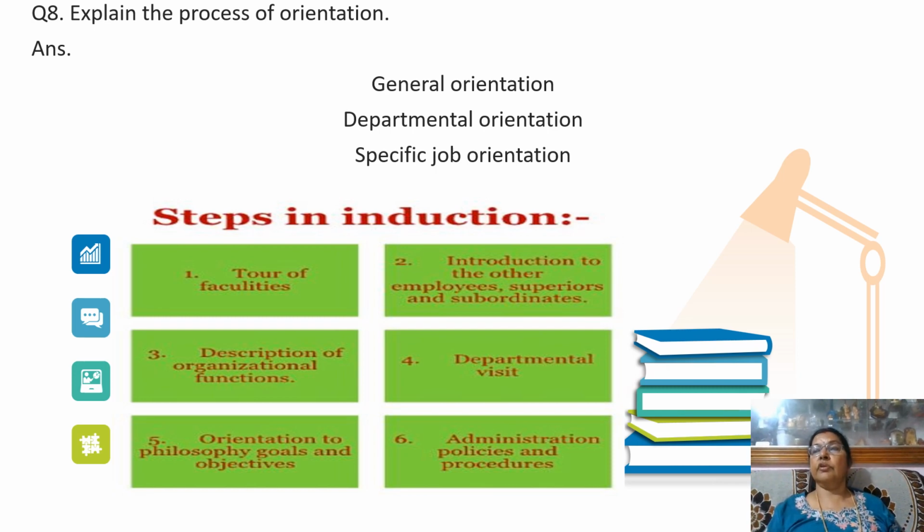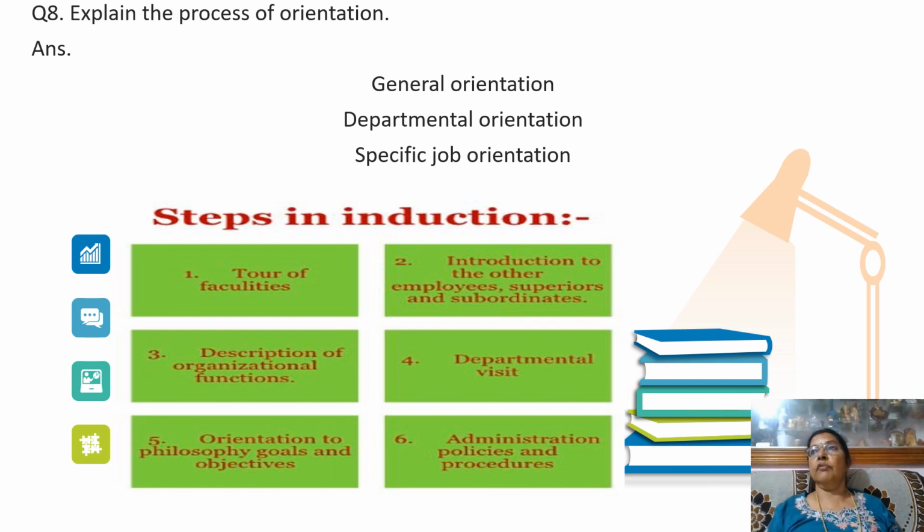Then third, we have the specific job orientation. That is when the candidate is told about his job, what specific job he has to do. He is taken to his desk or to his cabin, and then a senior employee or manager will tell him in detail how to carry out his job.